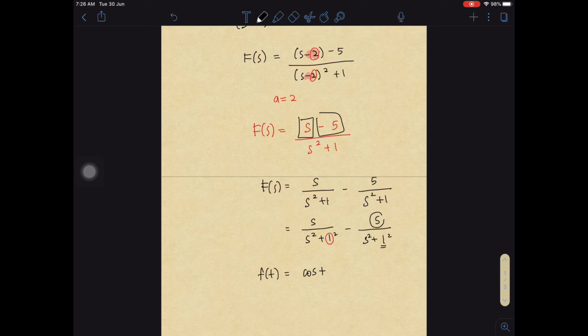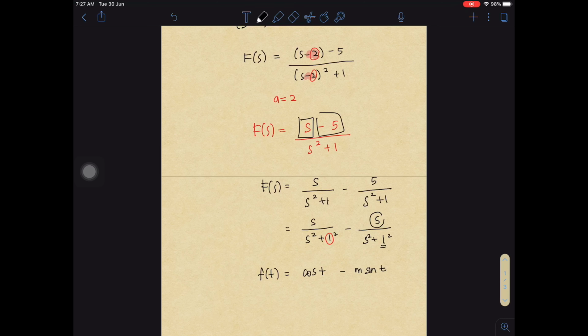So you have minus sin(at) here, and because your a is equal to 1, you have minus sin(1·t), which is sin t. Don't forget that you have m in front here. Why do we have m in front here? Because in the numerator we don't have the constant a.